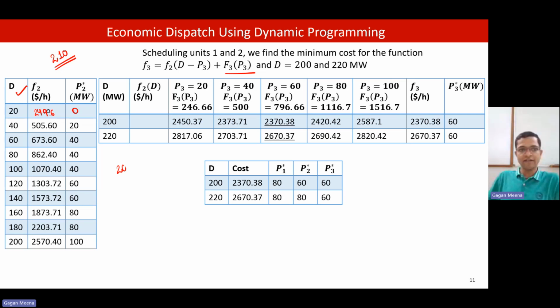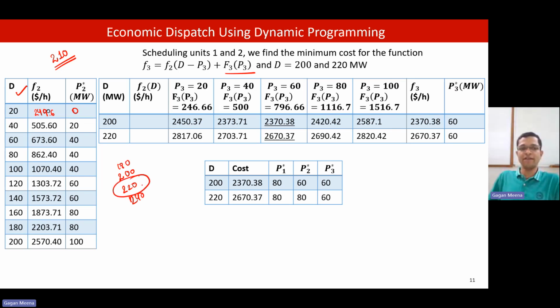Because the demand is increasing in steps of 20 and all the generators have steps 20, 40, 60, 80 and only 100, the overall demand which can be satisfied will also range from 20 to 300 in steps of 20. So we can see that the demands which can be met are 200, 220, 240, 180 like this.